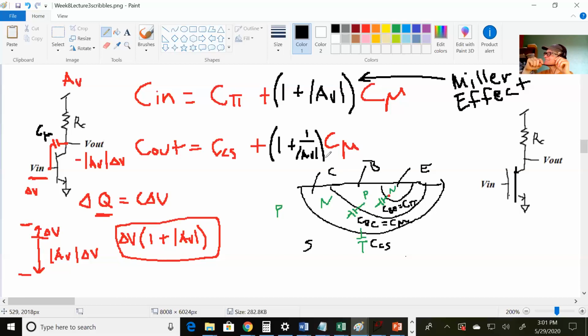It moves less by whatever the gain is. But usually people ignore this and say, oh, 1 over 100, that's nothing. And just say, oh, it's CS plus C mu. If you really want to be annoying, you can put this in, but it doesn't change the result much. It's a good approximation to ignore that.